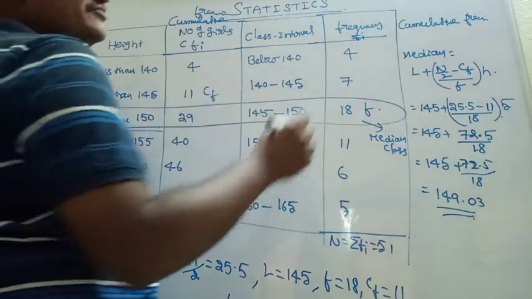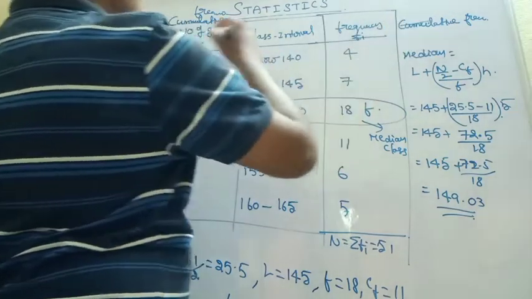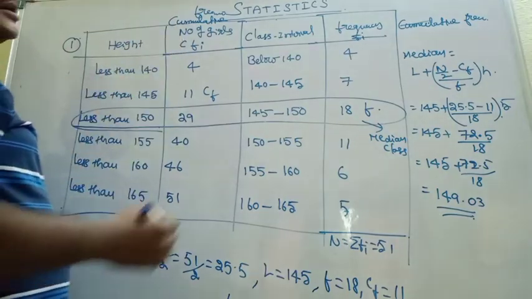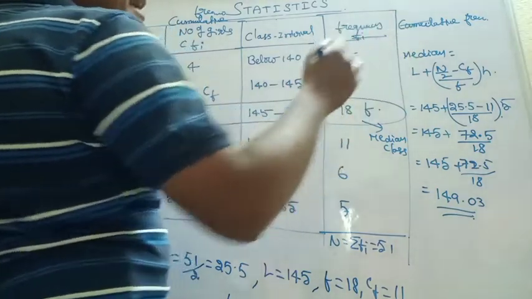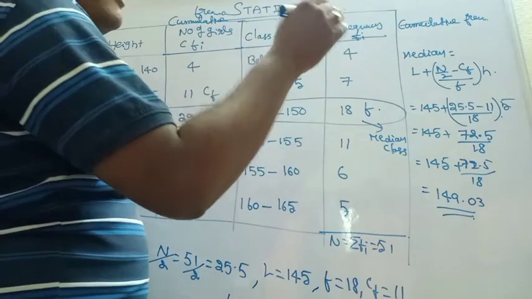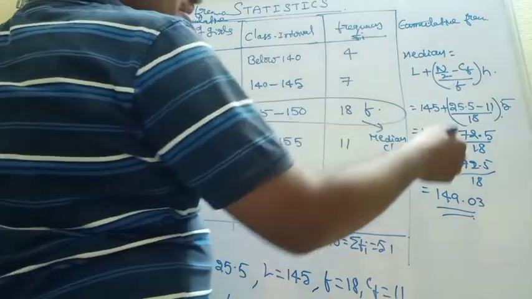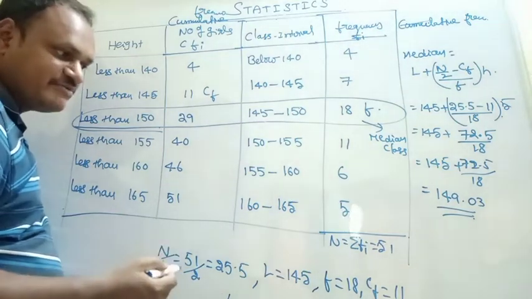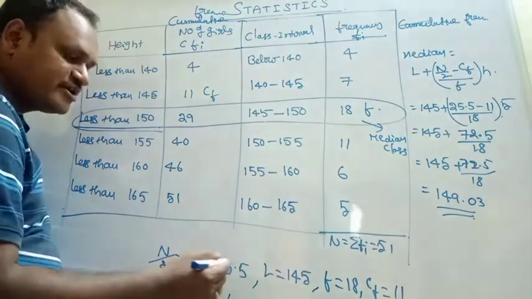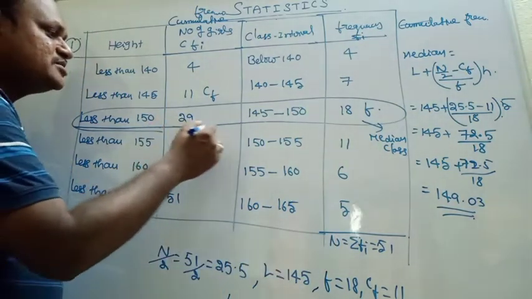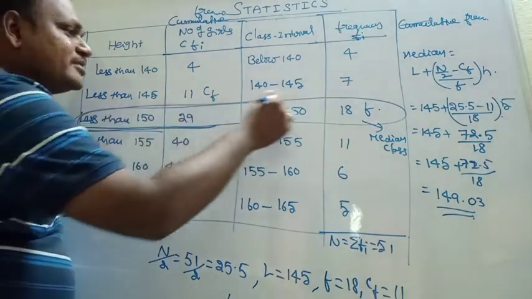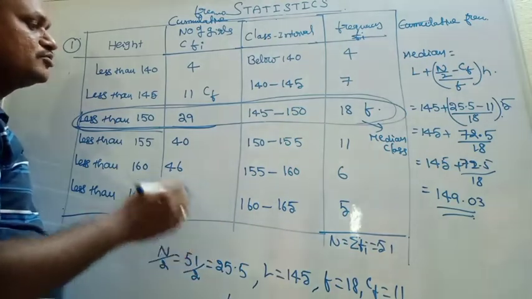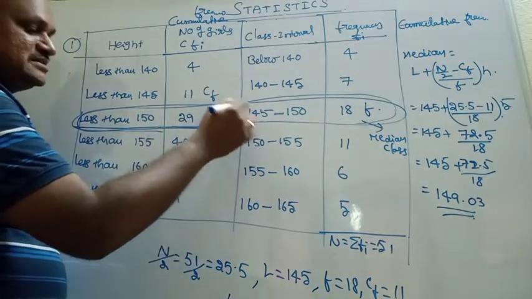Now the cumulative frequency is already given in the column. Now we need to find the median, which is equal to L plus n by 2 minus CF by F into H. n by 2 is 51 by 2. How did you get the median class? This 25.5 is present within this 29. That's why this is called the median class. Next, L is the lower boundary of the median class, that is 145.